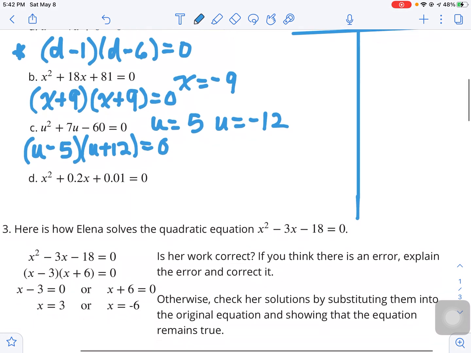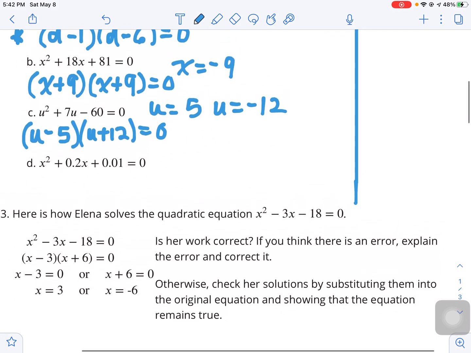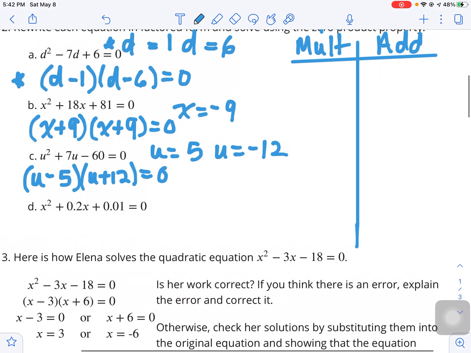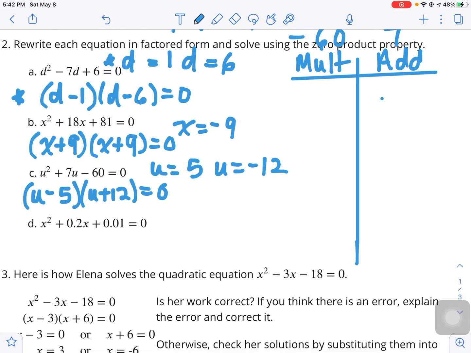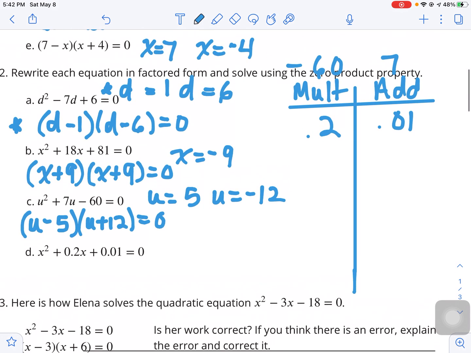And the last one here is another x variable. I want to multiply to get 0.01, and I want to add to get 0.2. This is a tough one to try and think. I guess I put those up here, didn't I?